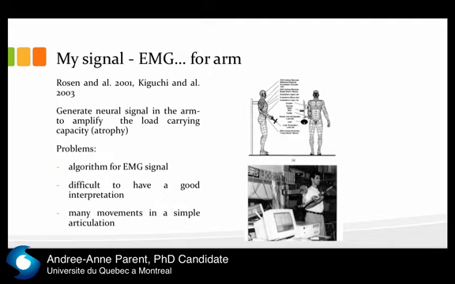It's difficult to have a good interpretation of this signal because you have many movements and a single articulation. So it's difficult to know if you want to go forward, backward, or rotate. And the more articulations you have, the more difficult it is because you have many degrees of freedom. So it's really difficult to analyze and build an algorithm for this signal.